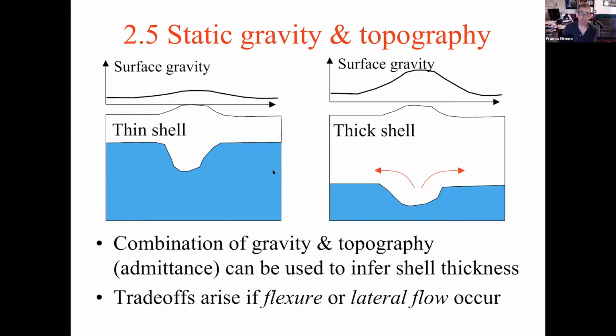And then something that Anton mentioned is that if you have a deep root, then that root may tend to flow out sideways. And so that will also, again, change your interpretation of the results. Nonetheless, this is a very good way of probing the structure of the ice shell. And one place where this has been done very successfully, for instance, is at Titan, where we have measurements of both the gravity and the topography at very low degrees.